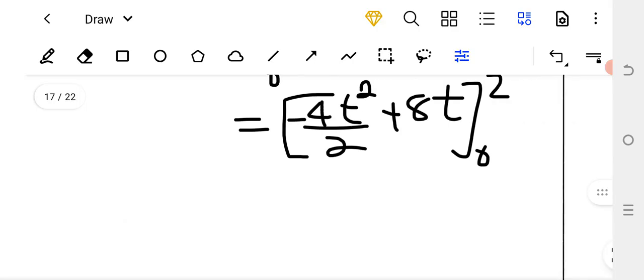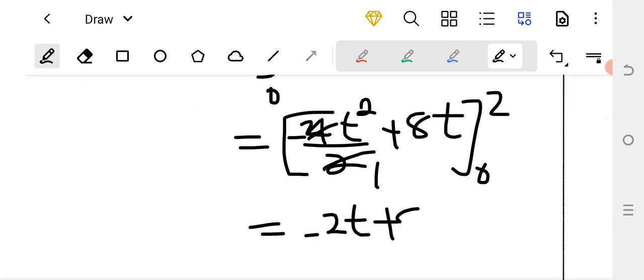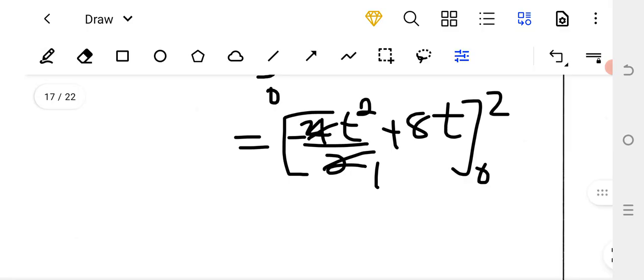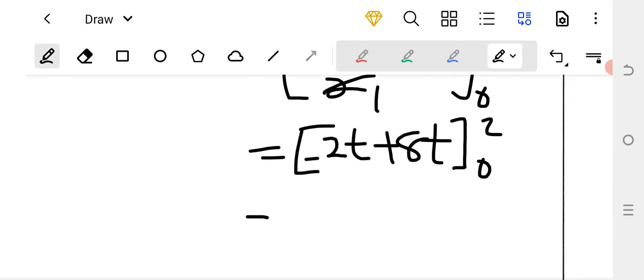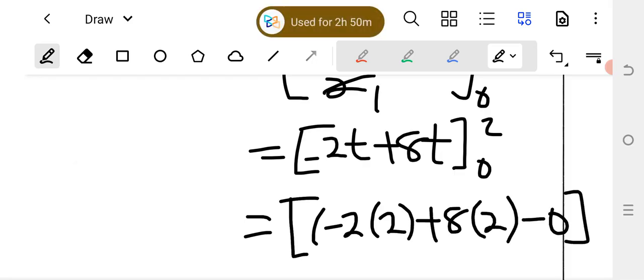And then if you simplify here, 2 can go into itself, 1 into 4, it's a 2, so S is equal to negative 2t squared plus 8t from 0 to 2, which is equal to negative 2 multiplied by t, which is a 2, plus 8 multiplied by 2, then you minus 0.